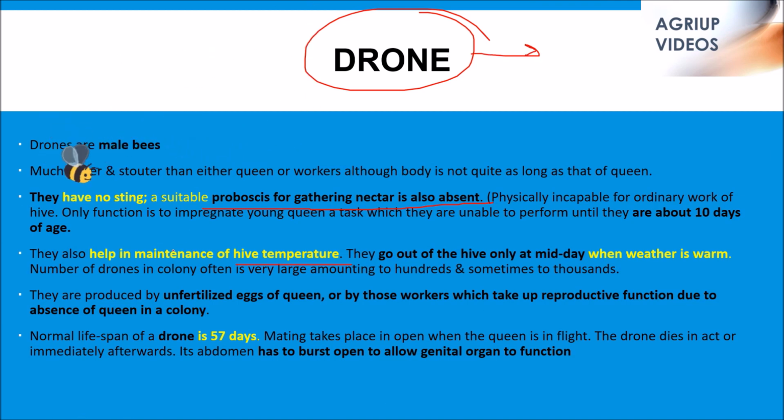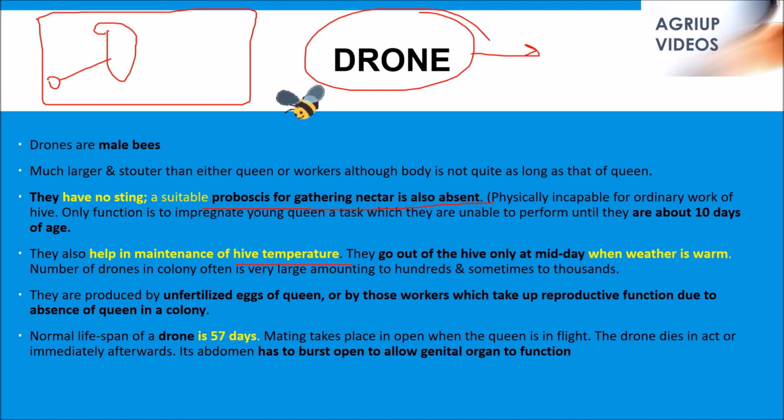What happens during a nuptial flight is very important to note here. When there is a queen and a drone, and the copulation occurs, the drone will die in the act of performing that process, because the abdomen will burst open so that the genital organ can function.